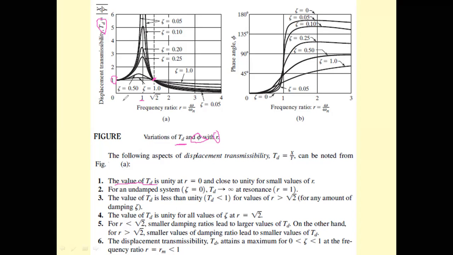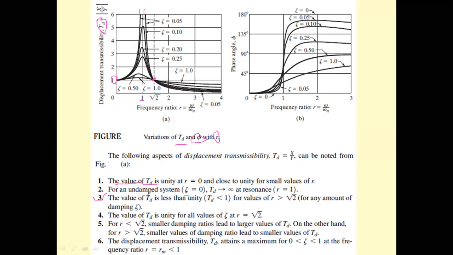This is the first. Second, for an undamped system, that is when the value of zeta is 0, the displacement transmissibility is infinity at omega upon omega n equal to 1. If you see this curve, the curves never meet each other, so it is infinity.